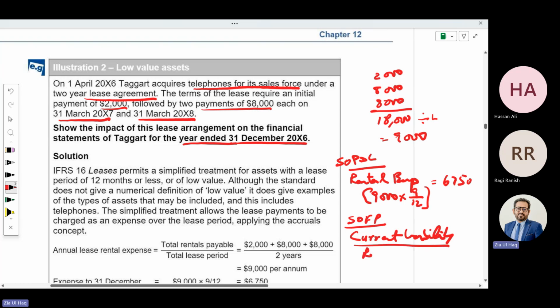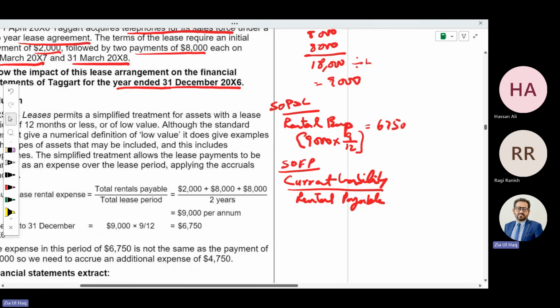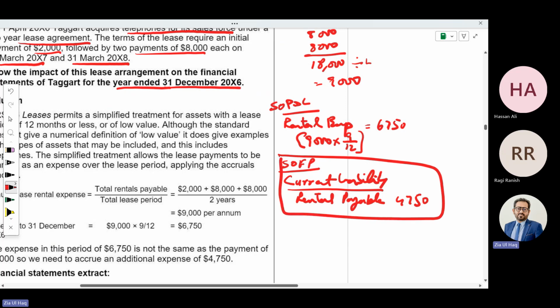Rental payable, 4,750. If you had paid all during the year till 31st December, there is no need to record this in the balance sheet. There will be only one account. So for this lease, there is one accounting, that is rental expense. As some amount is still due to be paid, we need to record it as accrued expense. Can you understand this?